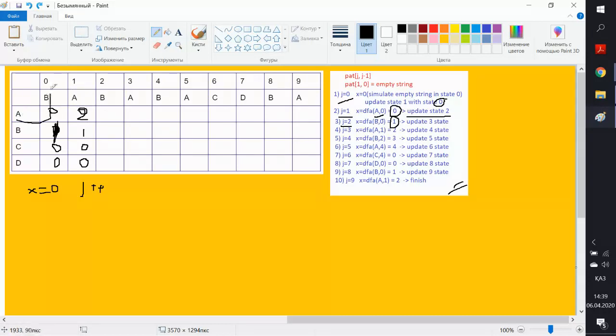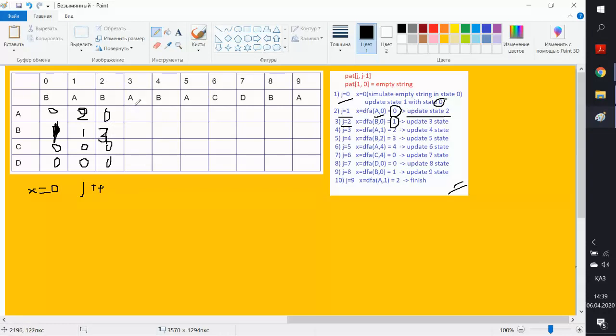A of 0 will give us a 0. Then we have to insert at the second state all the values of the 0 state. Here we have 0, 1, 0, and 0. We have to update this one because we have a match here, and it will be 3.